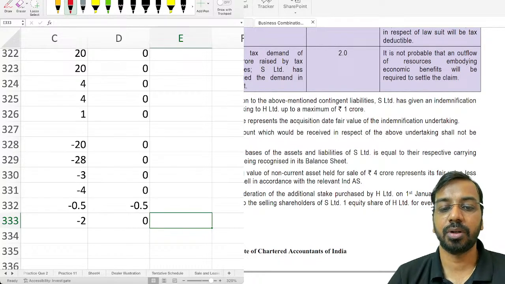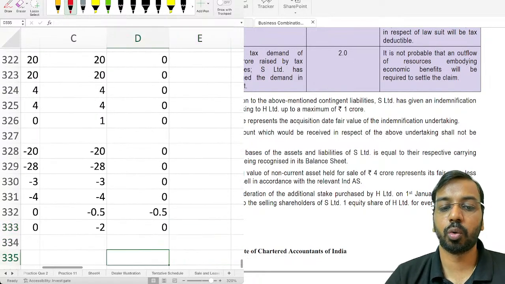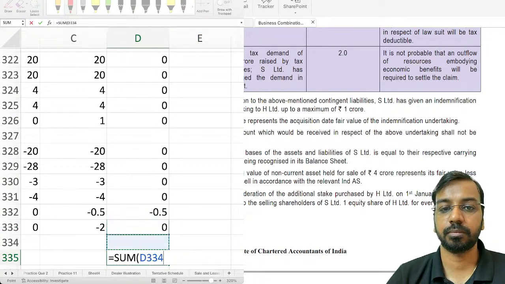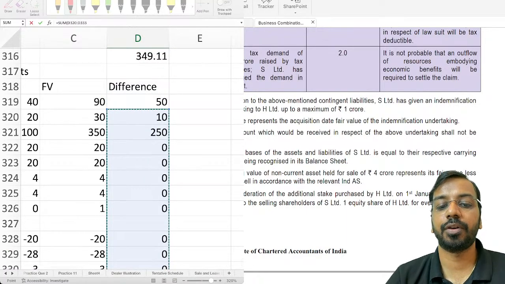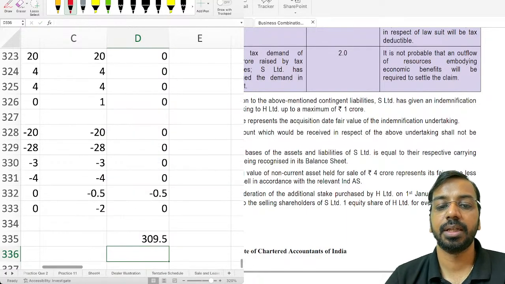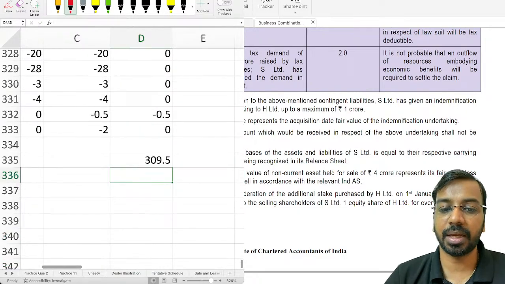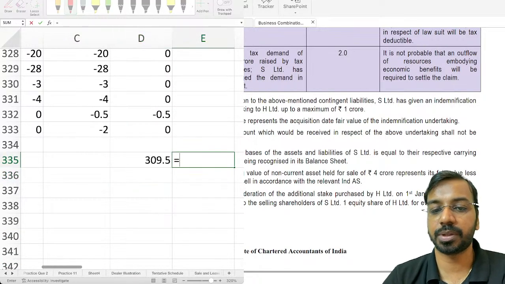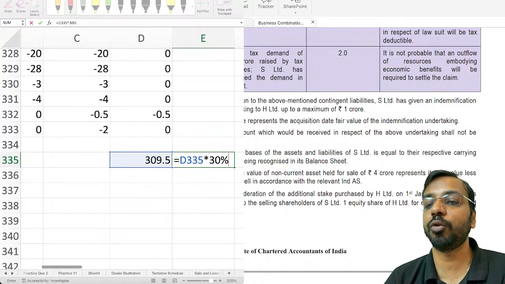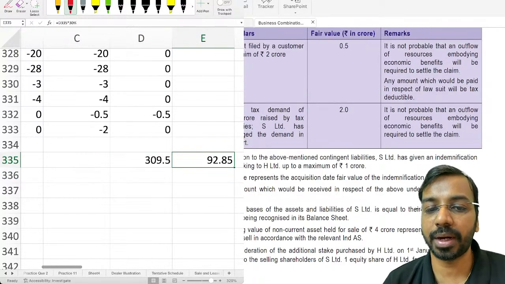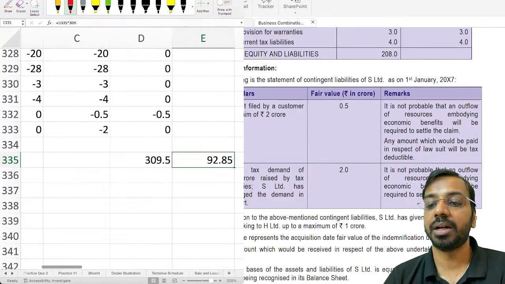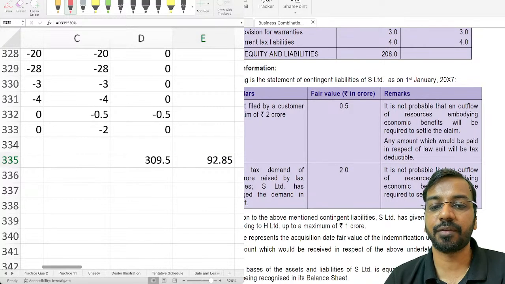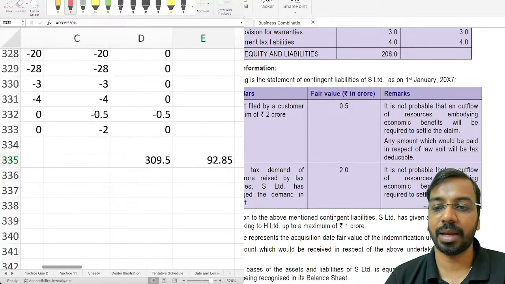So with this, what we have is a total difference of 309.5. If we apply the tax rate of 30%, what do we get? 92.85. Now this 92.85 is my deferred tax liability.